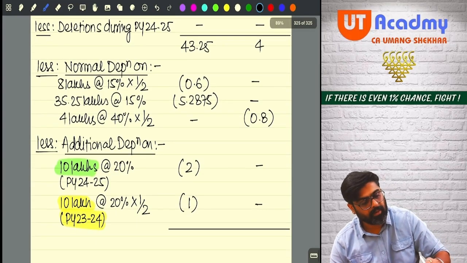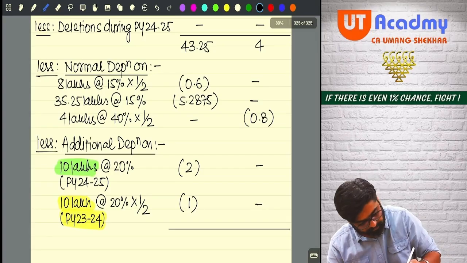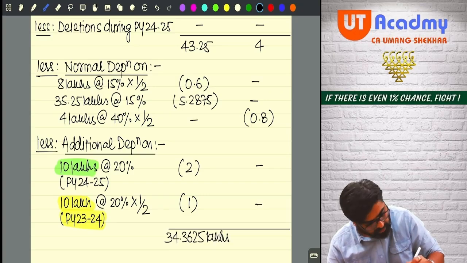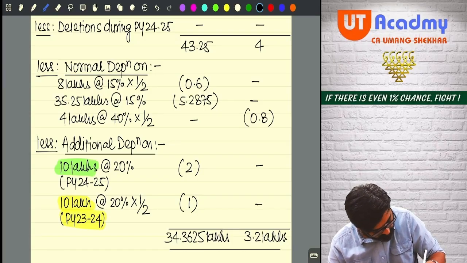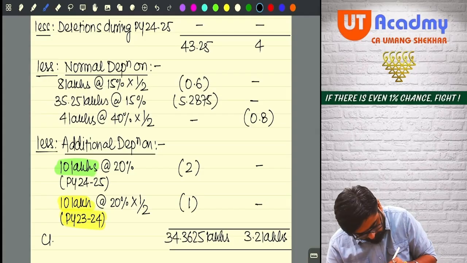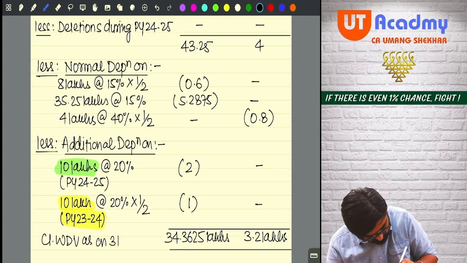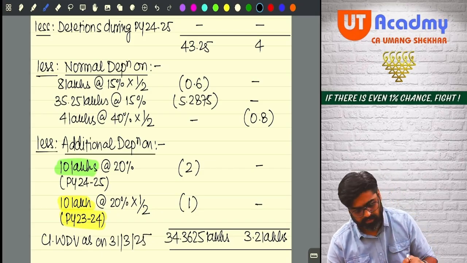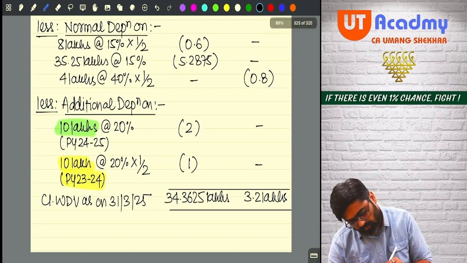It will give me 34.3625 lakhs. And here it will be 3.2 lakhs. This is the closing WDV as on 31st March 2025. Yes or no? Sure.